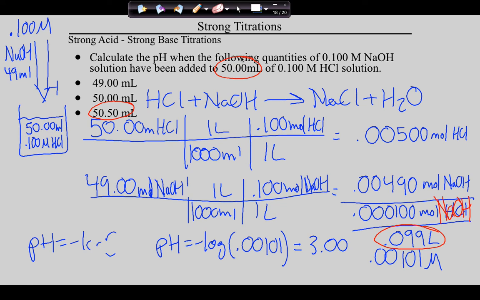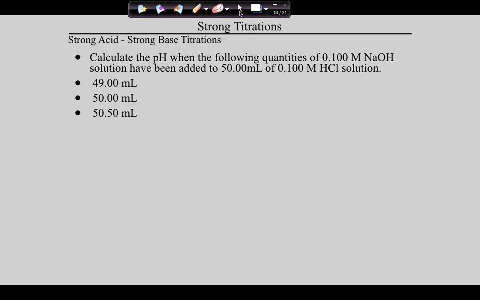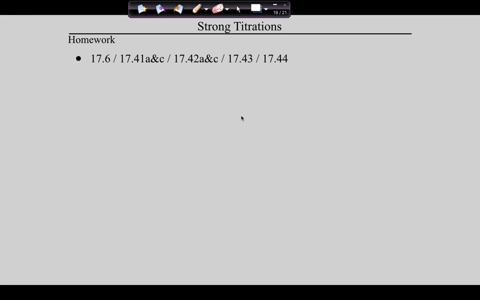But guys, when you do that, that will give you a molarity, which will allow you to calculate what? Not pH, pOH. And then you can calculate pH from that because pH plus pOH is 14. Is that okay? Okay. So guys, you're going to have ample time to practice on these. This then is your homework.